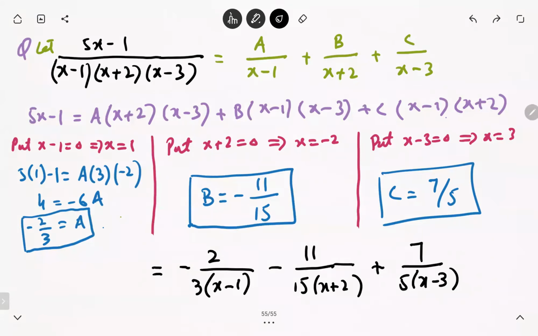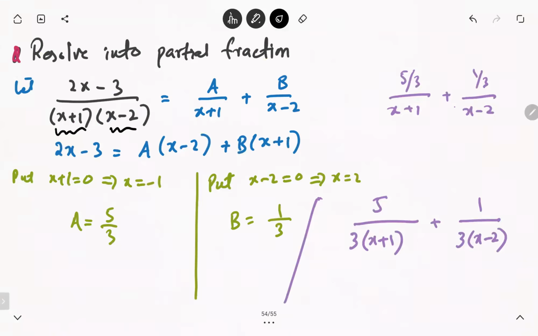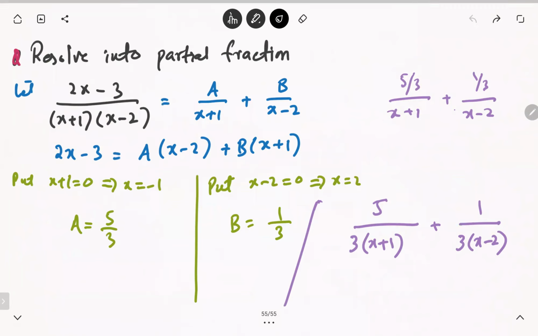In the previous case there were two denominators and both were linear, so what if we have a quadratic? की डिटेल हम पढ़ेंगे, लेकिन अभी मैं ऐसे क्वाड्रेटिक एक्सप्रेशन लिखूंगा that can be factorized to linear. For example, if the question is to resolve into partial fraction 3x plus 1 over x square minus 4.